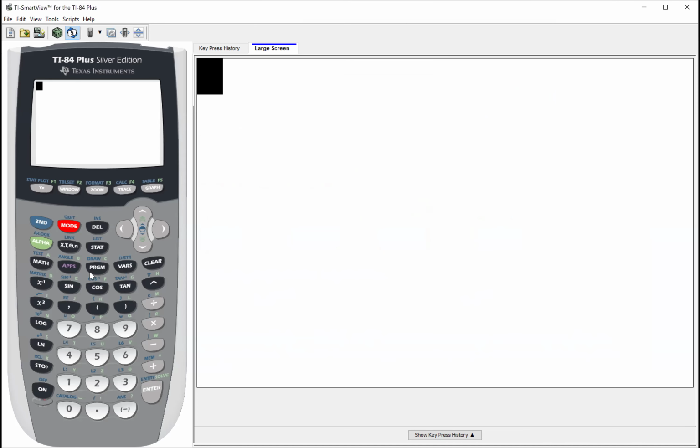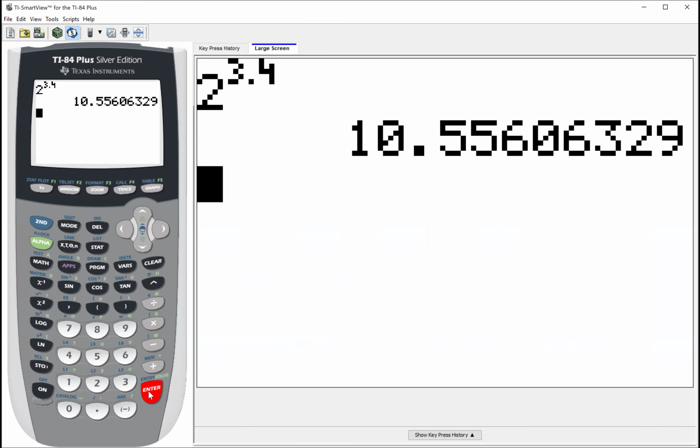Okay, so the first one was base 2, right? And then anytime we want to raise to an exponent, we're going to use our exponent key, which is right above the division key. And now we could type in the exponent, which was 3.4. Enter, we get 10.556. It didn't say where to round, so let's just go 2 places.